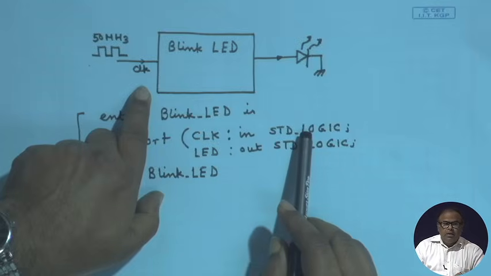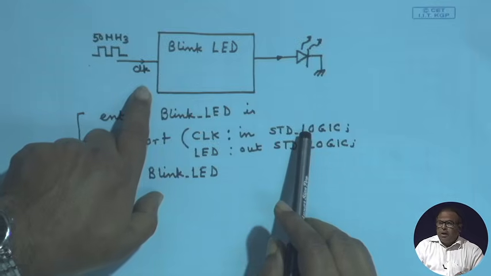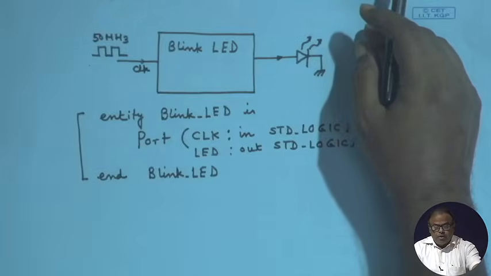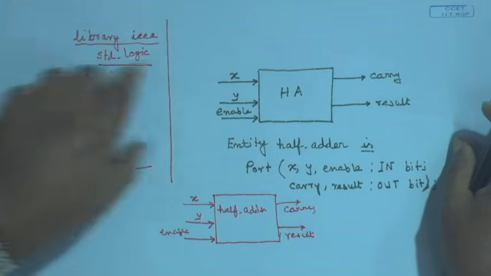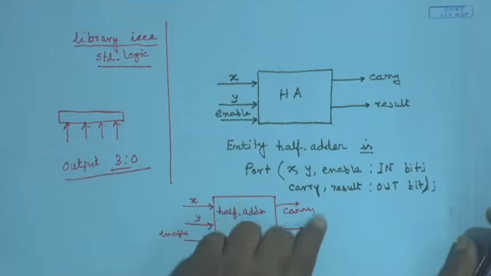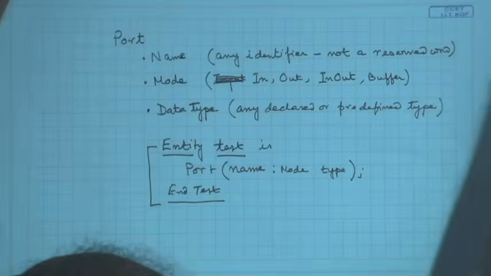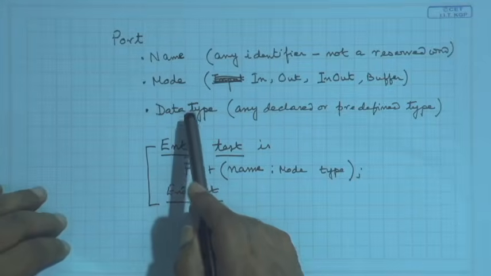Now, you recall that when I talked about VHDL, we had mentioned that we are including libraries, the IEEE library and the standard logic. Therefore, when we declared any port, we had the mode as well as the data type.